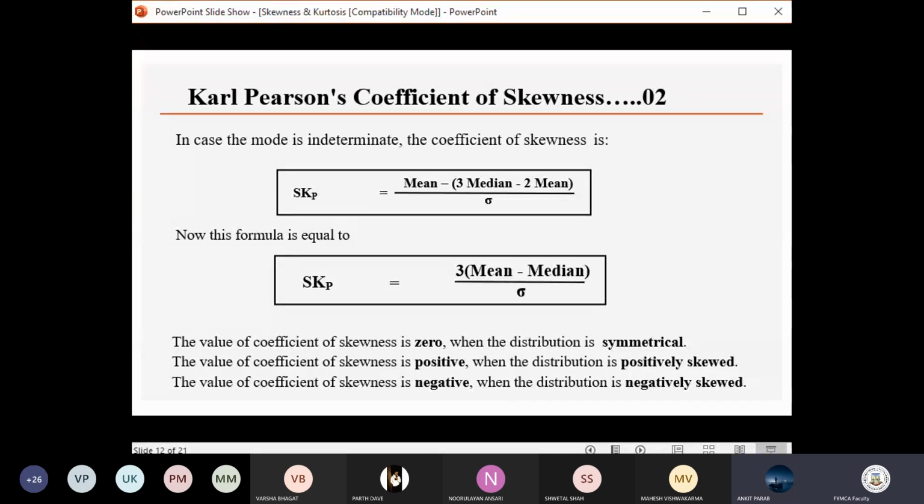Sir, minus 2.57. Yes. So what does this value tell about the skewness, whether it is positive or negative? On the basis of the minus sign, you can indicate that it is negatively skewed, and this 2.57, you can say that it is more negatively skewed.